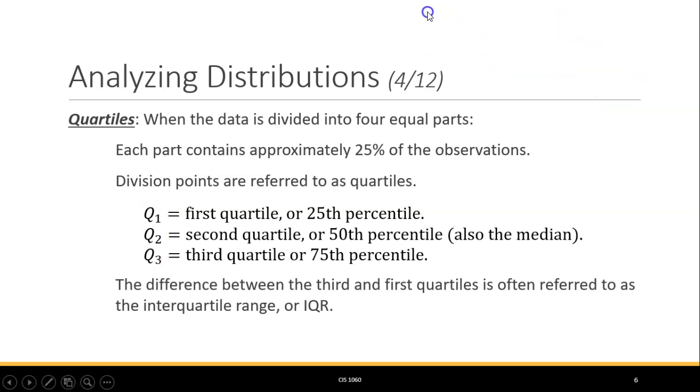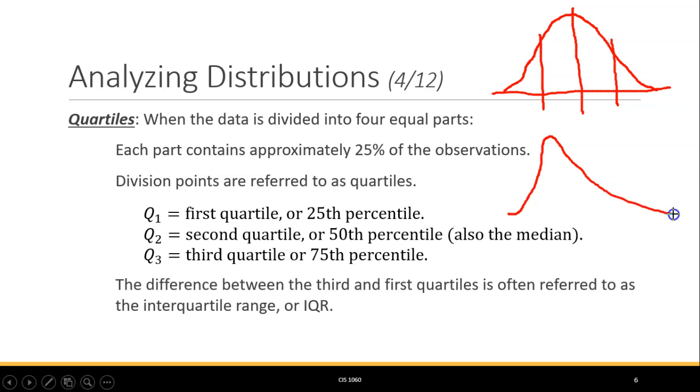Now, let me also make another point so I don't cause any confusion. In a normal distribution, typically the lines for the 50th percentile and whatnot look pretty symmetric. However, if you have something that looks like this, your 50th percentile could be here, your 25th percentile could be here, and your 75th percentile could be way out there.